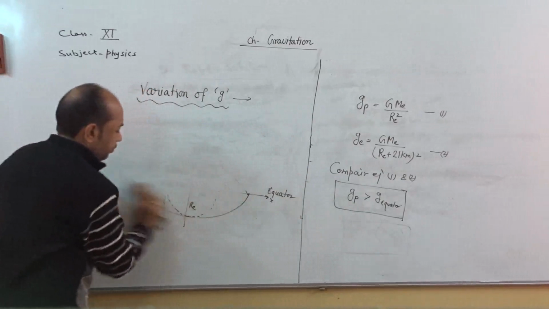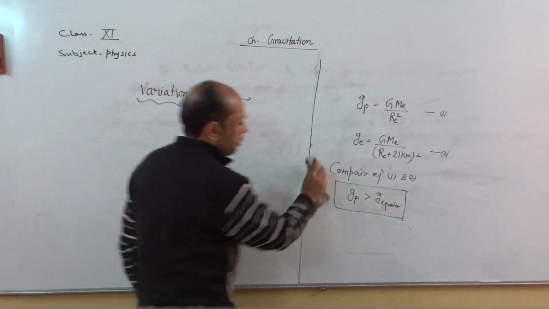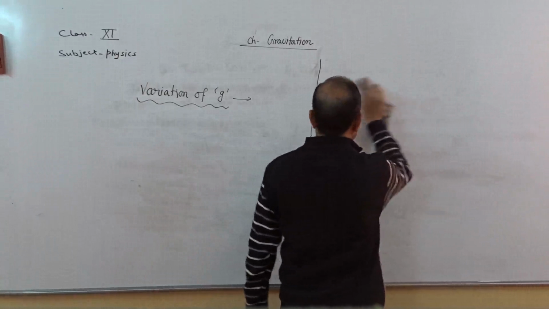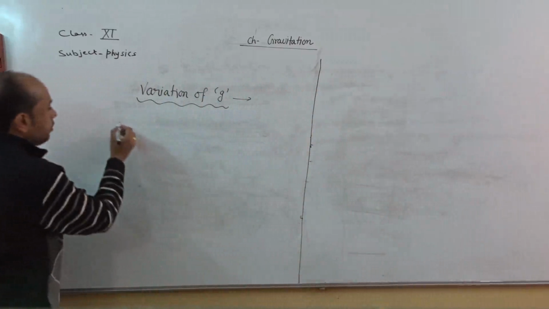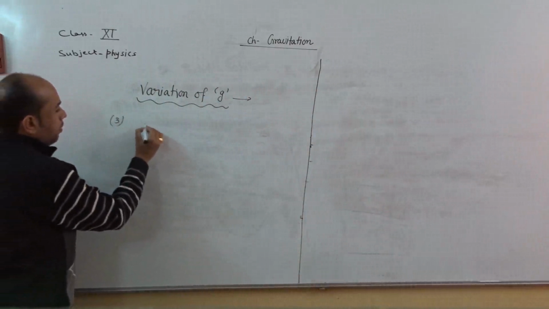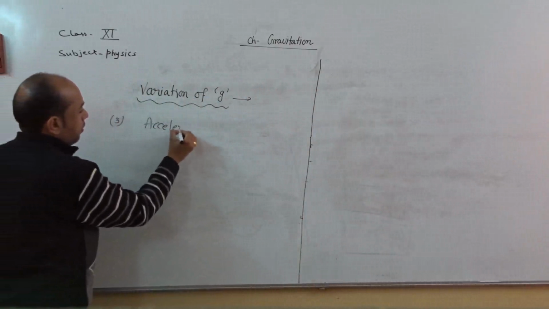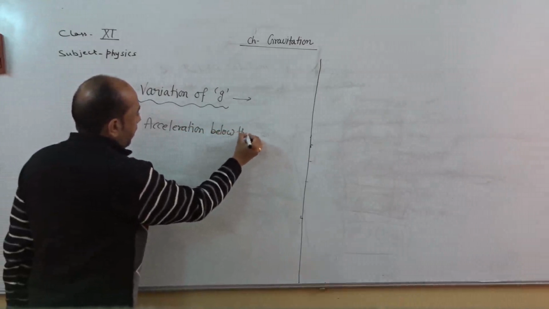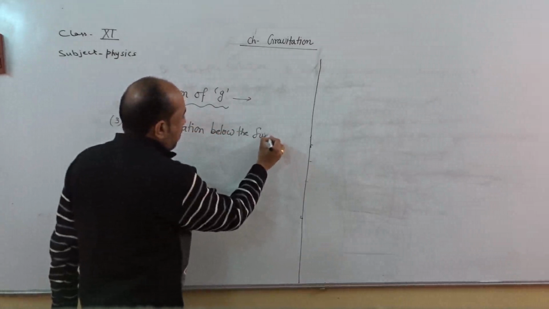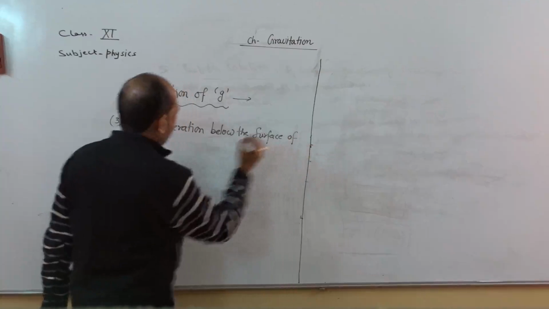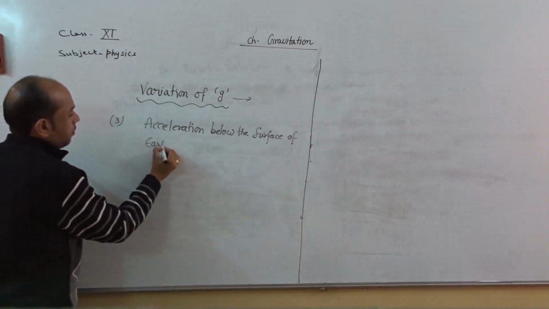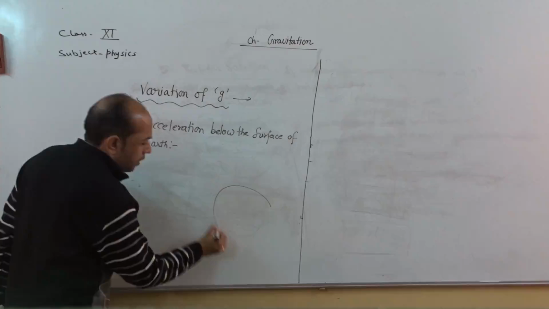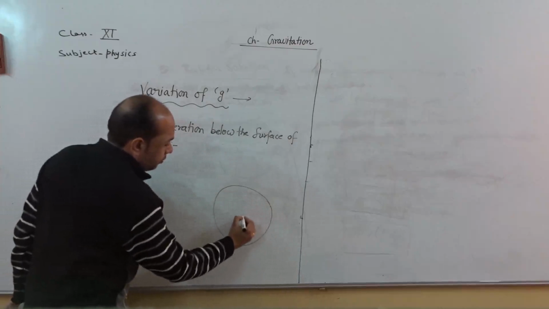And lastly we come to gravitation acceleration below the surface of earth. So below the surface of earth, again we have to make one sphere of radius Re.